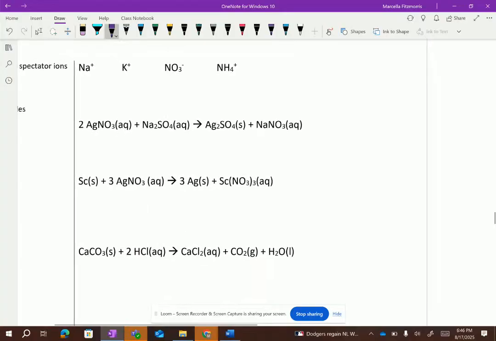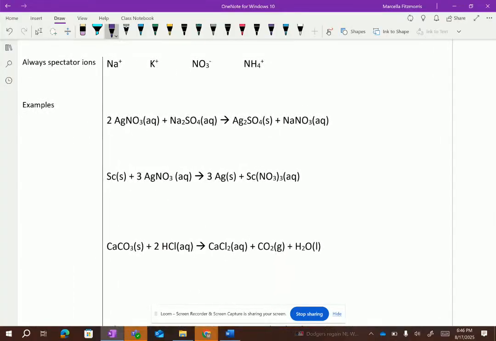Okay. All right. Now, something you'll need to memorize, and it'll help you out, is that the following are always spectators: Na+, K+, NO3 negative, and NH4 positive. So when I look at these following examples, NO3, anywhere it is, I know it's a spectator.